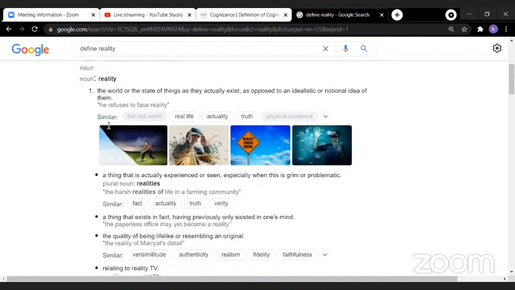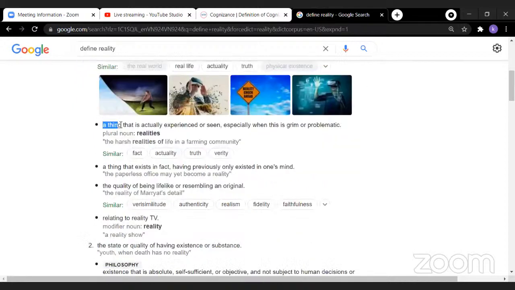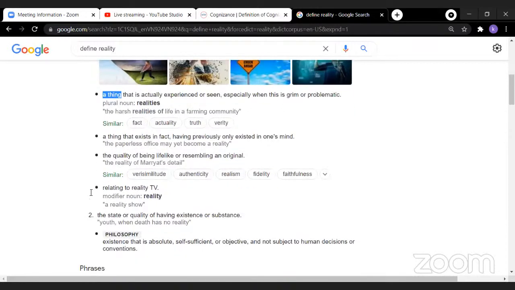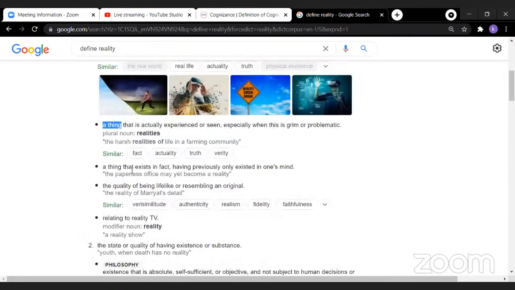Next, a thing that is actually experienced or seen, especially when this is grim or problematic. That's a negative definition. I'm trying to get to the part where reality are those things that exist that you can experience with your senses. In other words, reality is concrete.